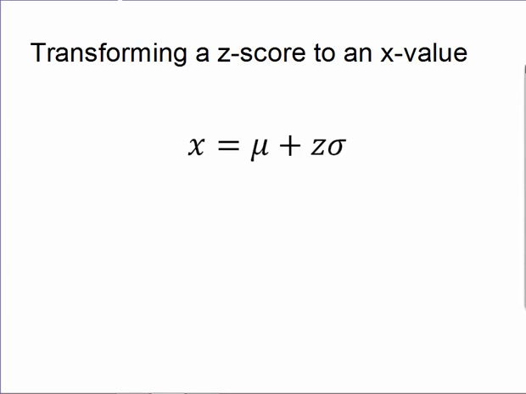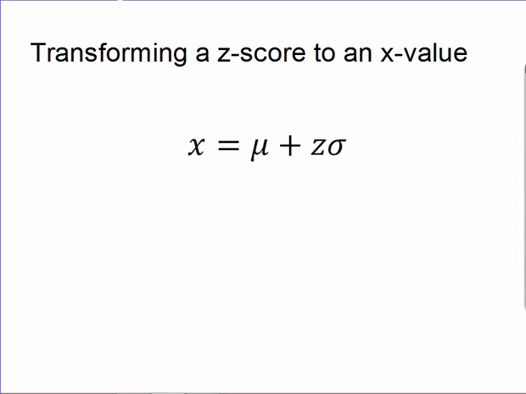If you guys were to take the z-score formula, z equals x minus mu divided by standard deviation, and solve this for x, you will actually get that formula right there. Now, is that important to know? Not really, but it might make a good bonus question. Now, this formula allows me to take a mean, a standard deviation, and a z-score and actually go through and put them all together to come up with an x value, which is going to be very important for some of these word problems we do.